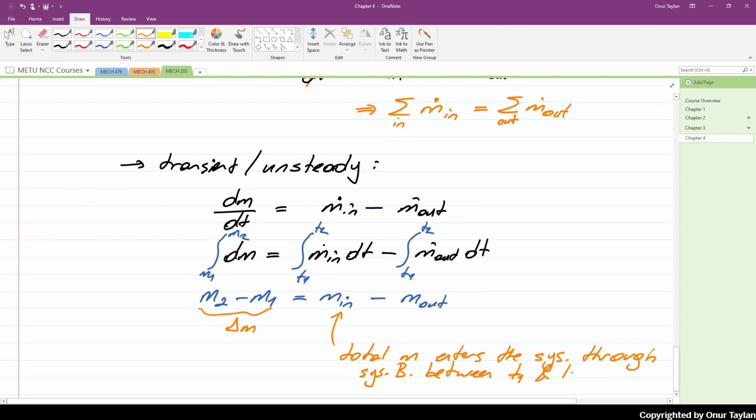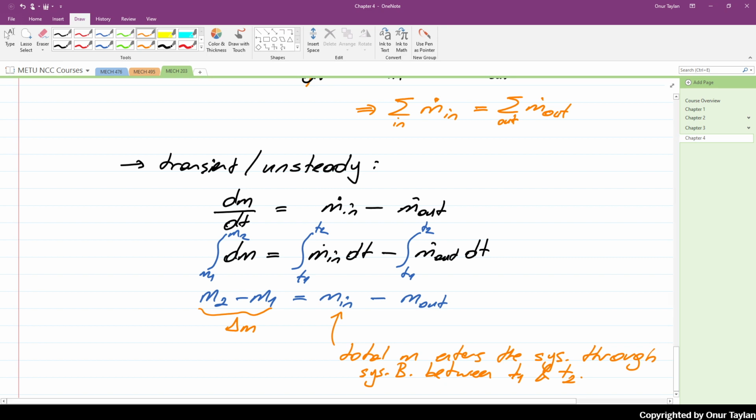Basically, what I'm saying is, for a process that occurs between time 1 and time 2, consider that your delta t, t2 minus t1, is 10 seconds. If I add 1 kilogram for each and every second, then m dot in is 1 kilogram per second. Over 10 seconds, how many kilograms did I add? 1 kilogram per second times 10 seconds.